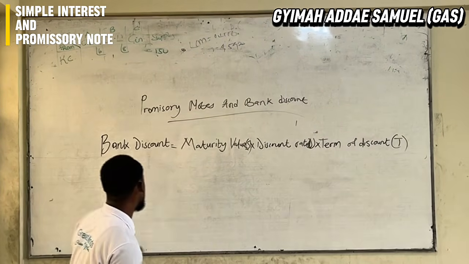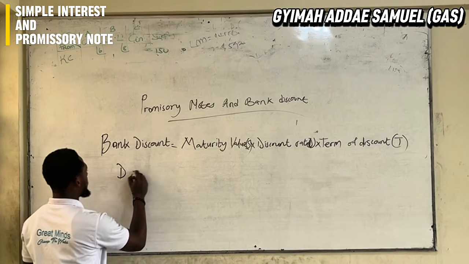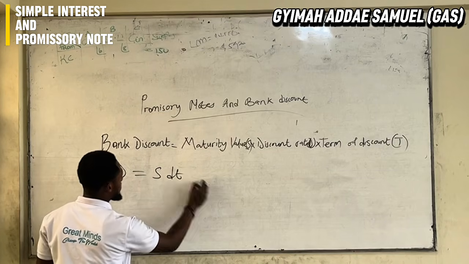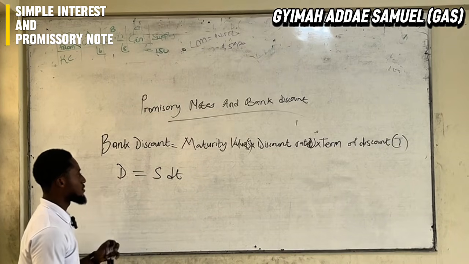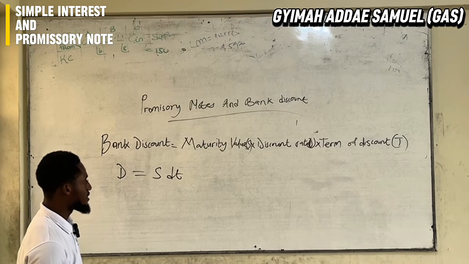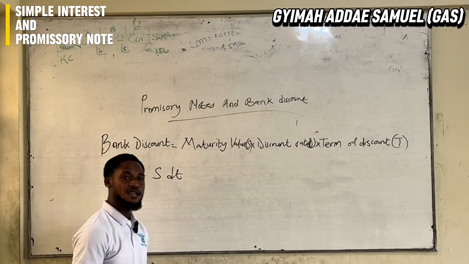This is the formula for bank discount. In short form, it becomes D equals SdT, where S stands for maturity value, the small d stands for the discount rate, and the term of discount is represented by the letter T.